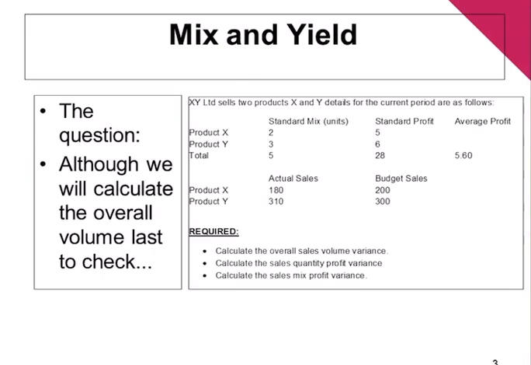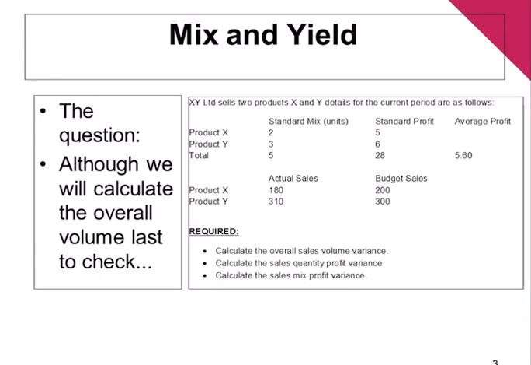So looking at the question, what we've got staring at us, which again is available via Word, is that we have two products, X and Y, which we would normally sell in proportion of 2 X's and 3 Y's.